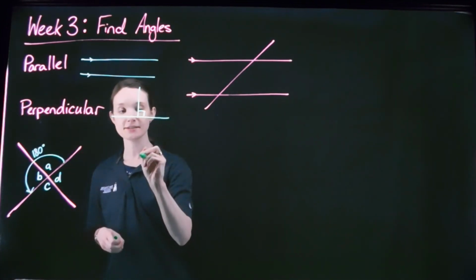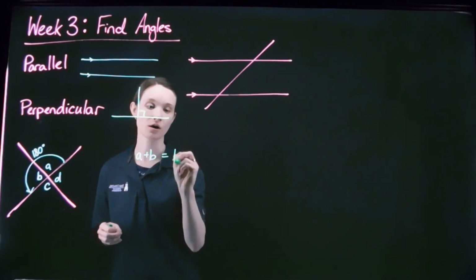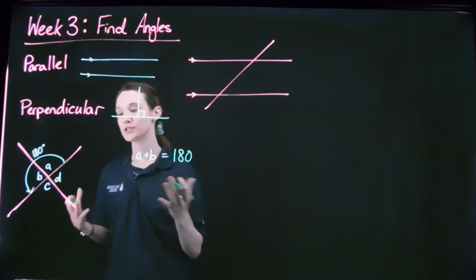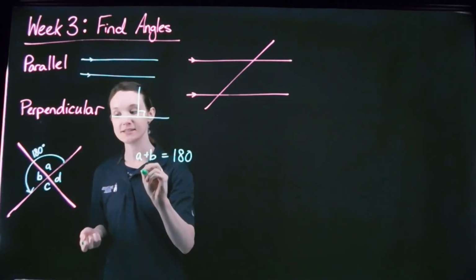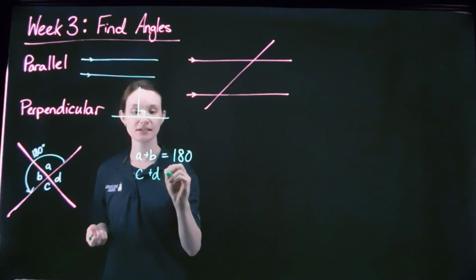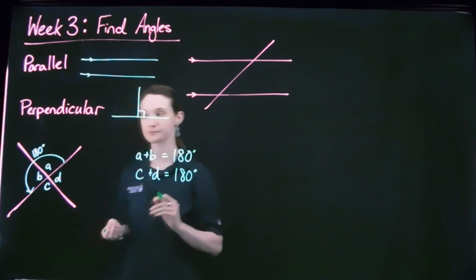So I could write that A plus B, whatever those two angles are, must be 180 degrees. Likewise, the other side of the line, C and D, must add up to 180 degrees.